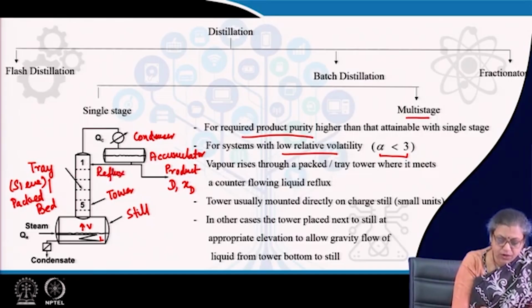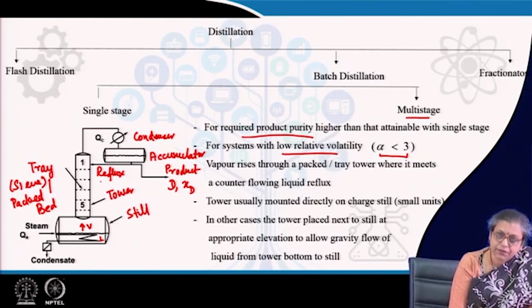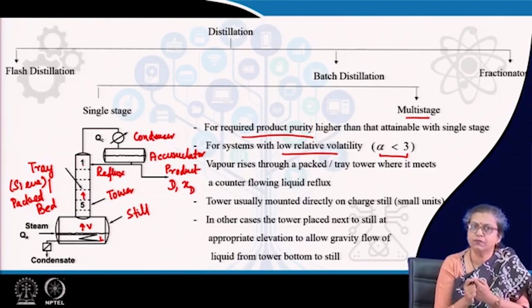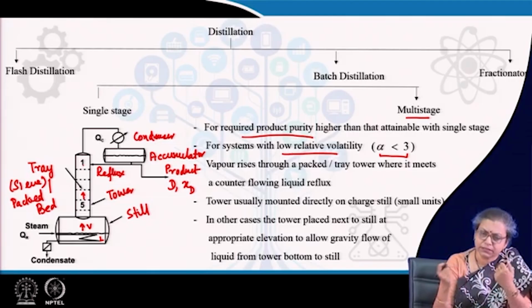What is this reflux? It is richer in the more volatile component. So, when the vapor is flowing up and comes in contact with the reflux, what happens? There is additional mass transfer between the reflux and the vapor. The reflux is a liquid and the vapor is a vapor.